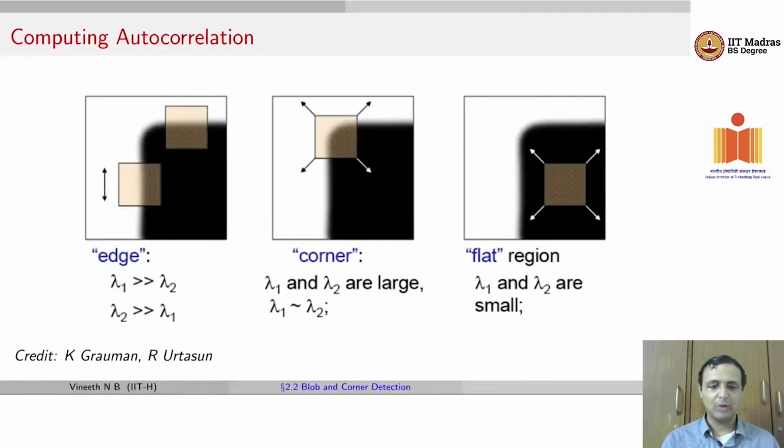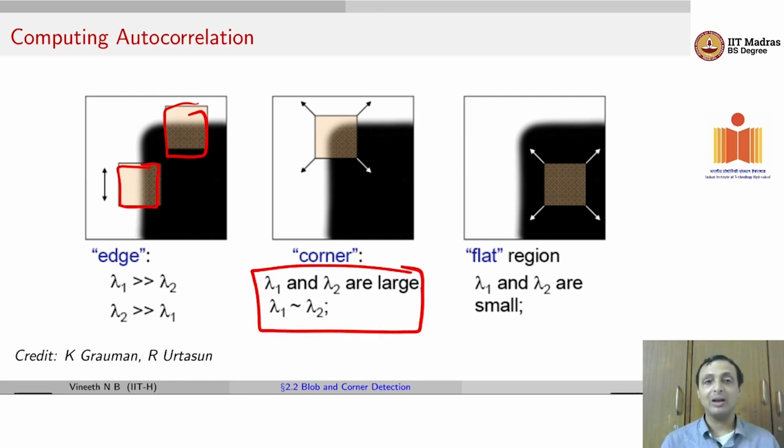Just another way of looking at it: wherever there is a vertical edge or a horizontal edge, you're going to have either lambda 1 greater than lambda 2 or lambda 2 greater than lambda 1. At a corner, you're going to have both lambda 1 and lambda 2 large, and in a flat region, both lambda 1 and lambda 2 very small.